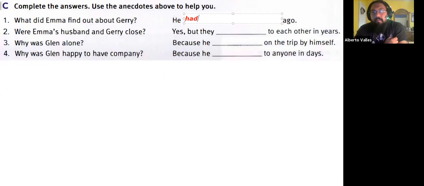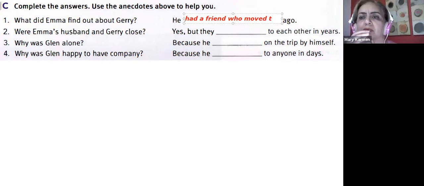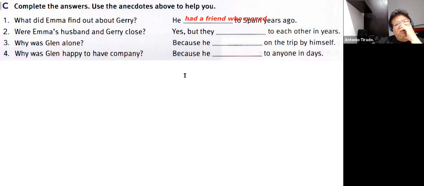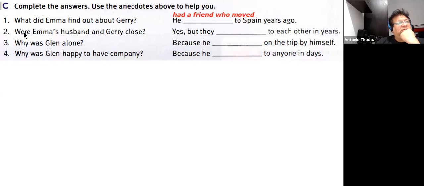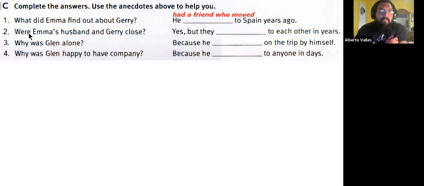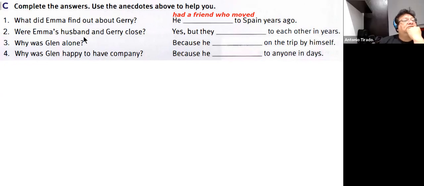He had a friend who moved to Spain. Move up, move on. He had a friend who moved to Spain. So Jerry is the husband to be? Wait a second. Jerry is Emma's husband's friend, and not the husband to be. Oh, my mistake. Yeah, Jerry.